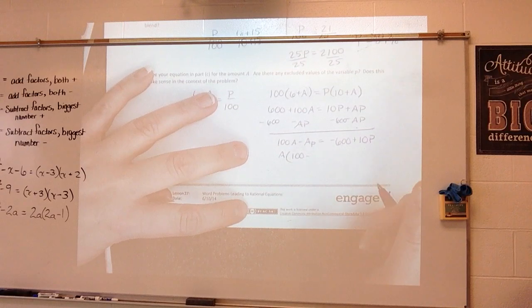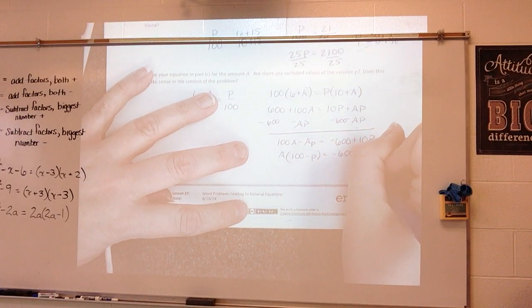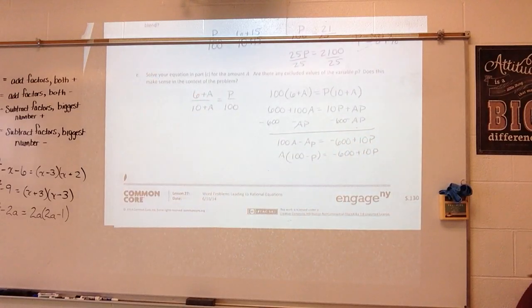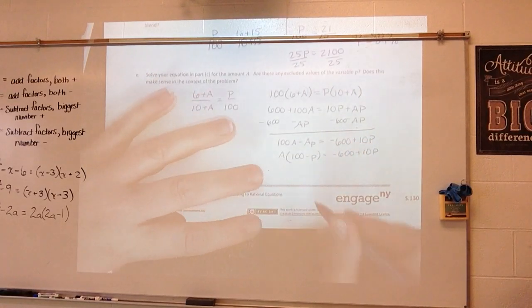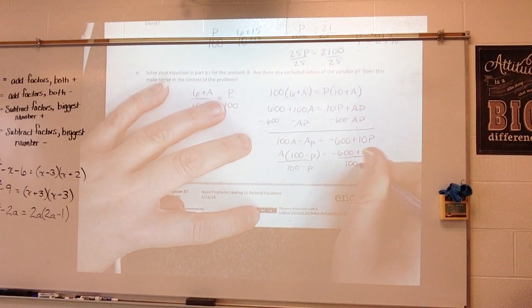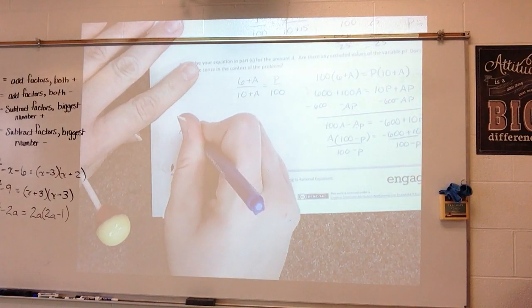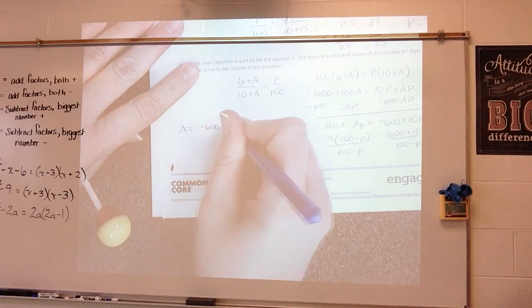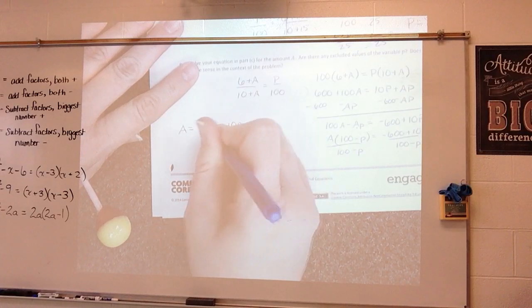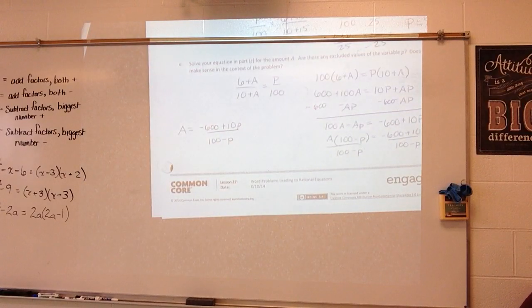A times 100 minus P is equal to negative 600 plus 10P. Divide both sides by 100 minus P. So I get A is equal to negative 600 plus 10P over 100 minus P. Alright, so we see from the equation for A that P cannot equal 100.